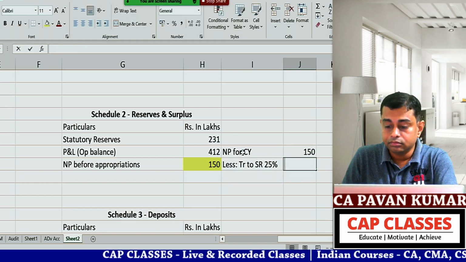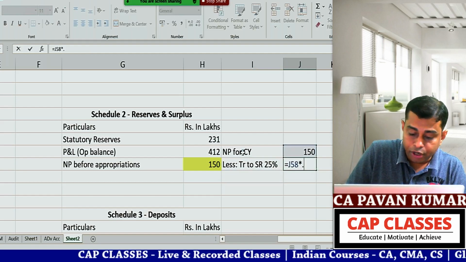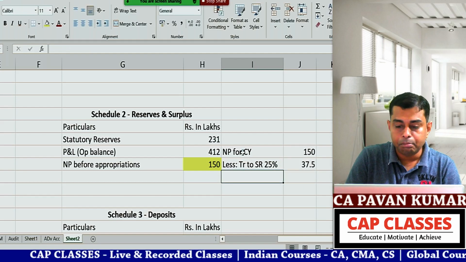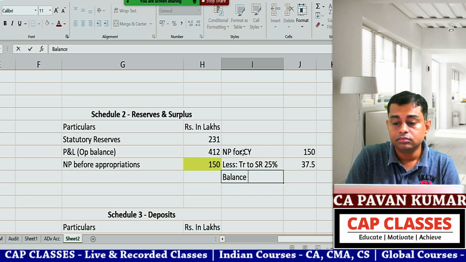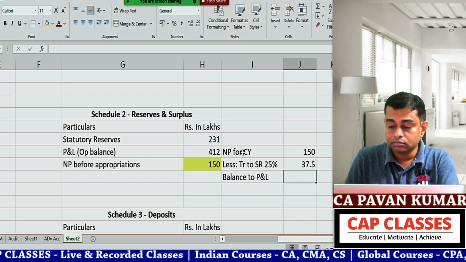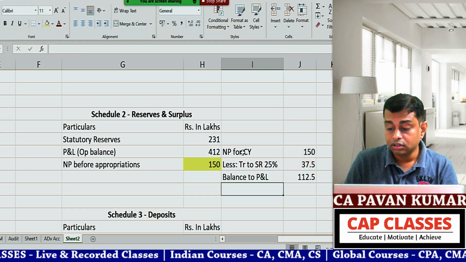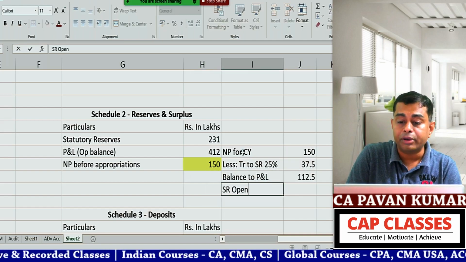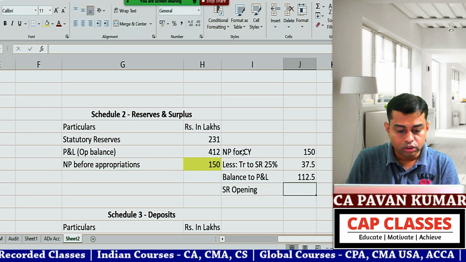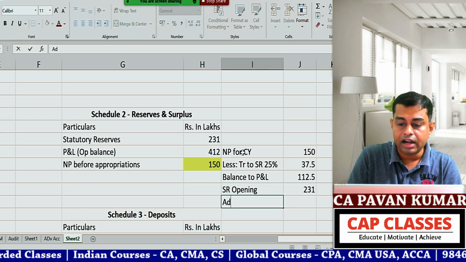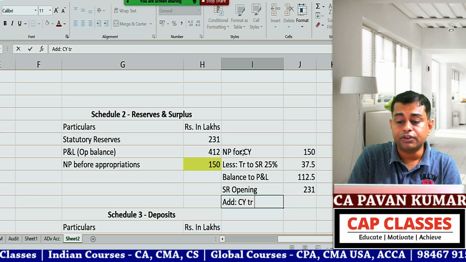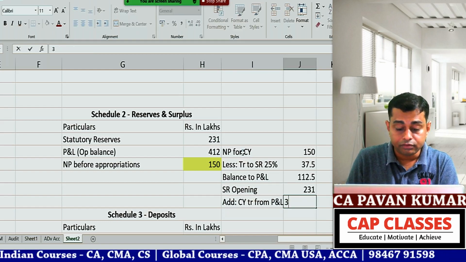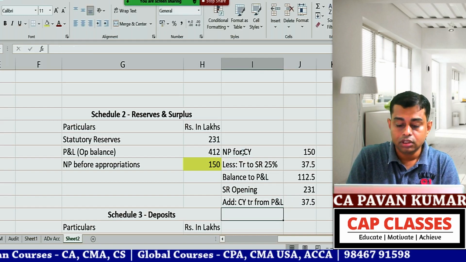It is equal to this into 0.25, 37.5, balance to P&L. This minus this. So here statutory reserve opening 231. Add current year transfer from P&L 37.5. Closing balance.